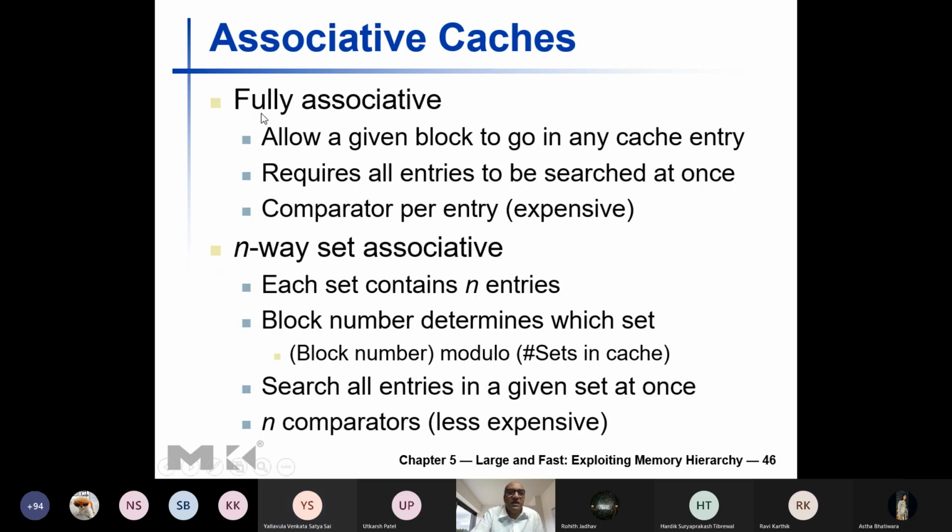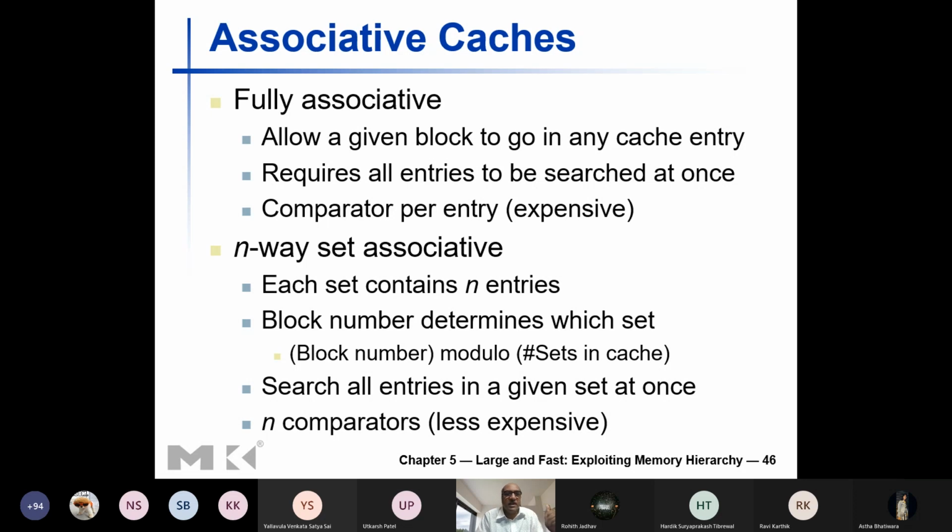And the other extreme approach is fully associative. Here, there is no concept of direct mapping. Suppose the cache has a capacity of 1,000 blocks.